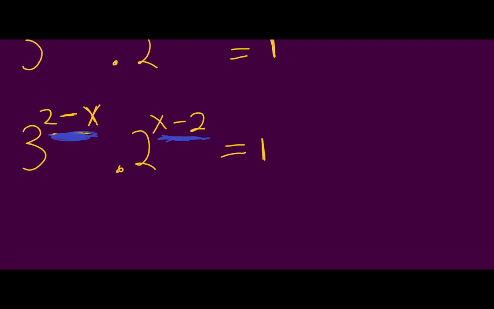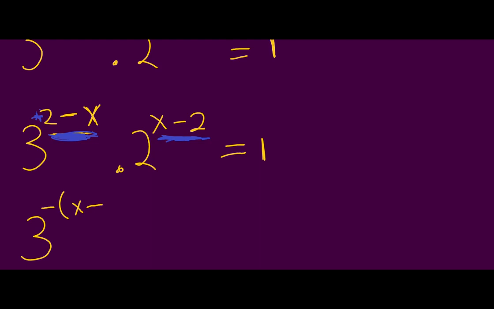We have 3, and then I'm going to start with x. So it's going to be negative x minus, because when you multiply negative times negative, you get a positive, and here there is a positive sign. When a value is not assigned any sign, it is positive. So there's a positive sign here.